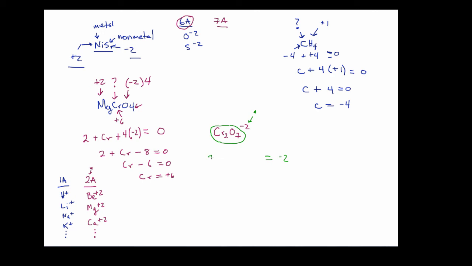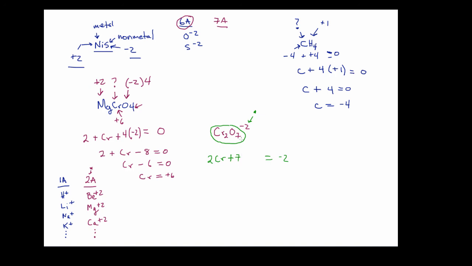Any kind of molecule that has a charge, you're going to set your equation equal to whatever that charge is. Now we've got two chromiums here, and again the chromium is the unknown because it is a transition metal and it can have many different oxidation states, or to say it in English again, it can have several different charges depending on the context in which you find it. And then we're going to be adding this to the oxygen content.